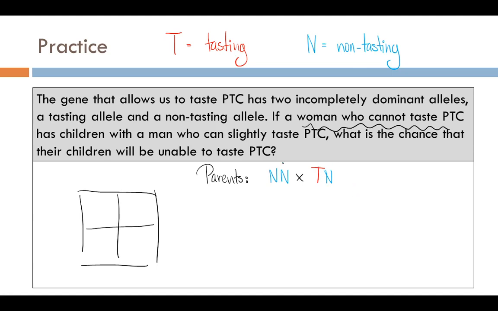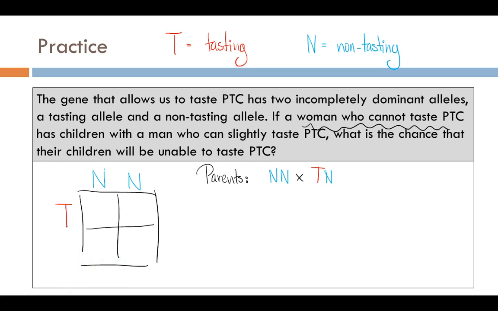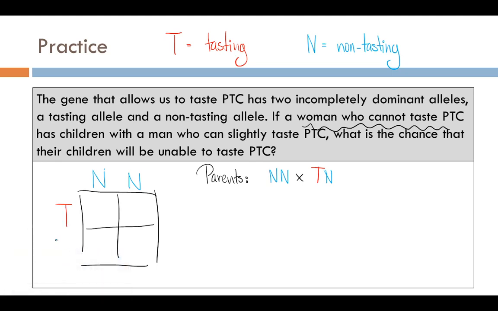We put them into our Punnett square and then we answer the question. I'm going to put the female on the top. It doesn't matter. Put the male on the side. Now I'm going to fill in my square.